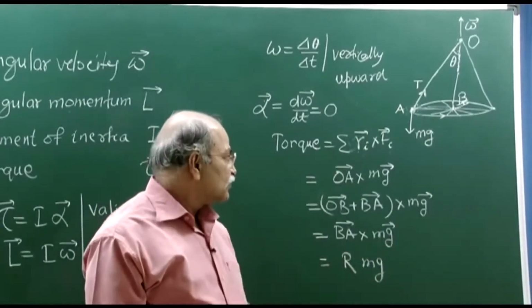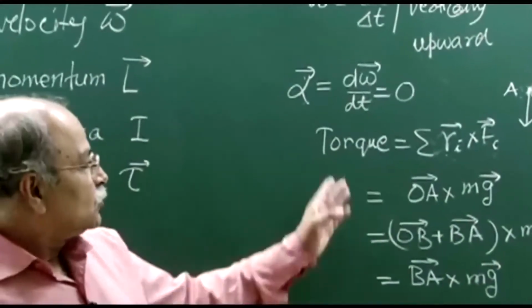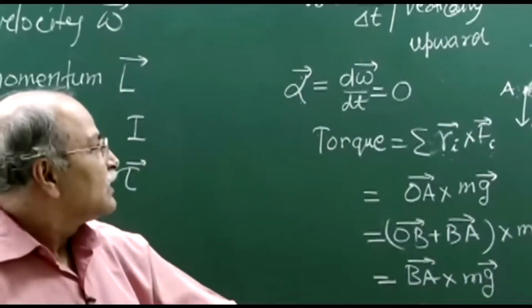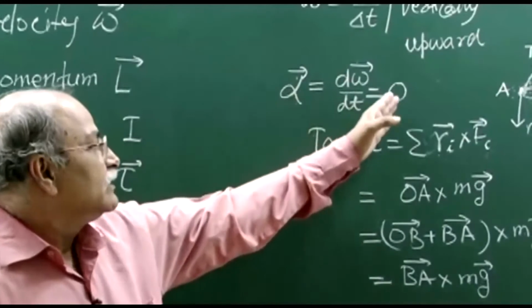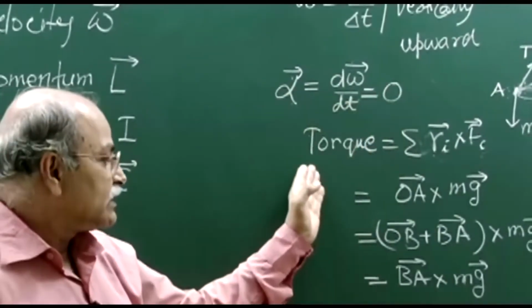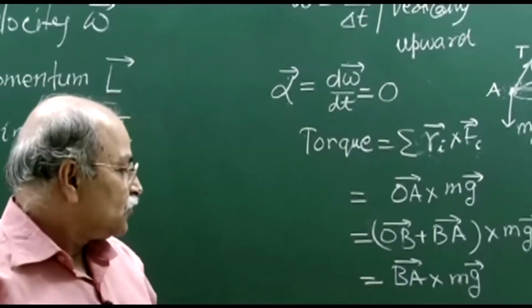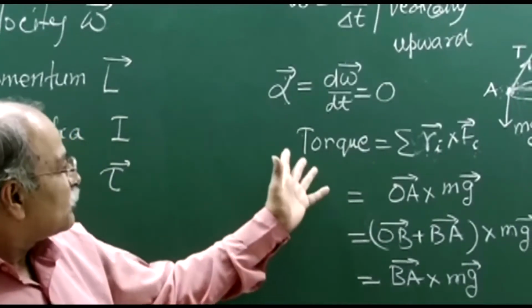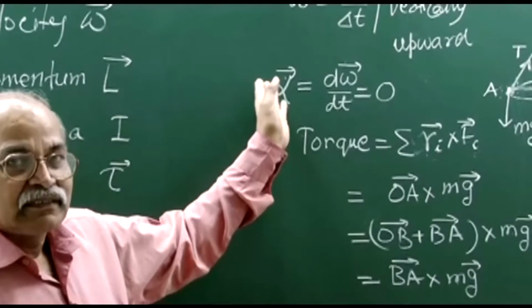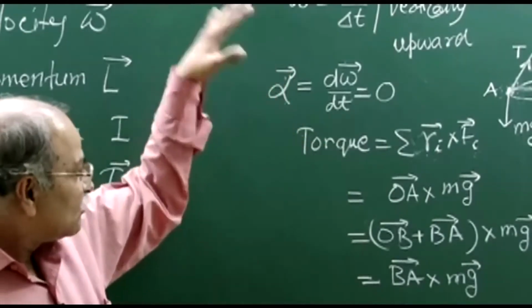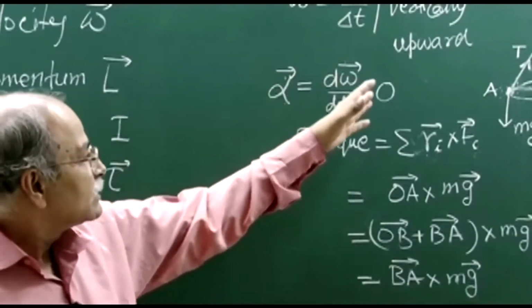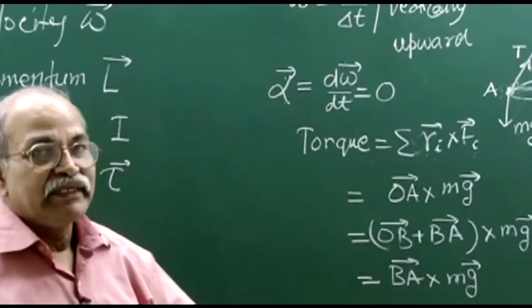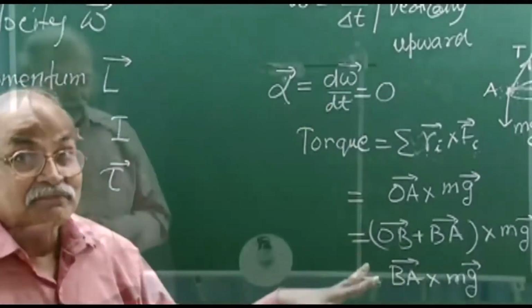So, this is the magnitude. And so, you see that the angular acceleration is 0, but the torque is not 0. So, it is not always true that torque produces angular acceleration, that torque is equal to I alpha. If alpha is 0, torque should be 0, but it is not always true.